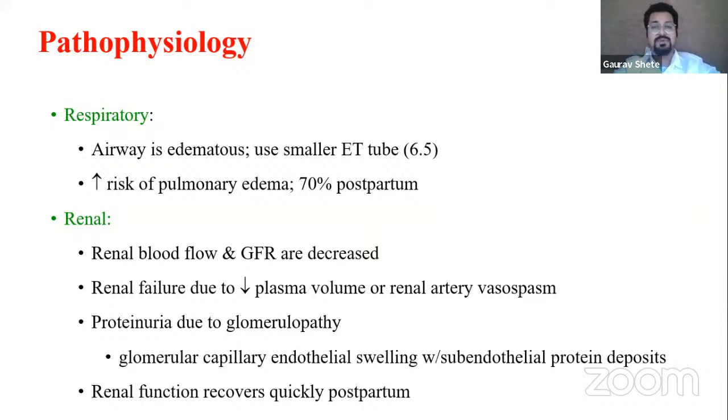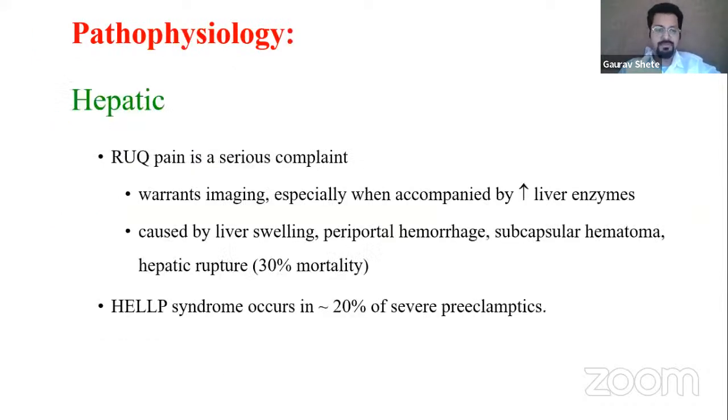That's why patients have pedal edema, because there is stagnation of fluid in the extracellular compartment. Renal function recovers quickly postpartum. As soon as the placenta is delivered, the renal function comes back to normal.